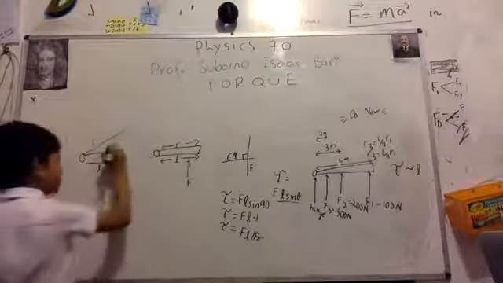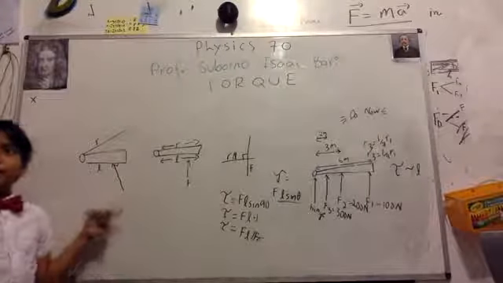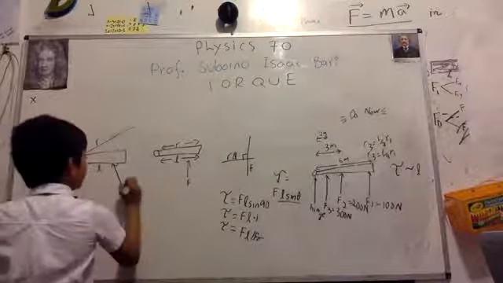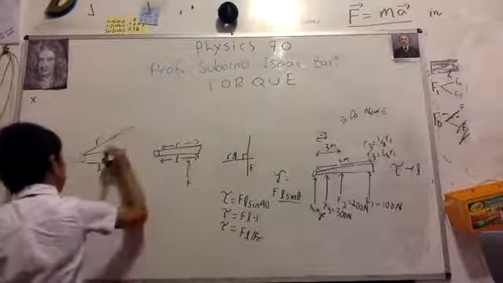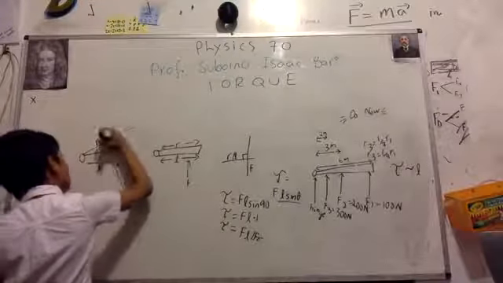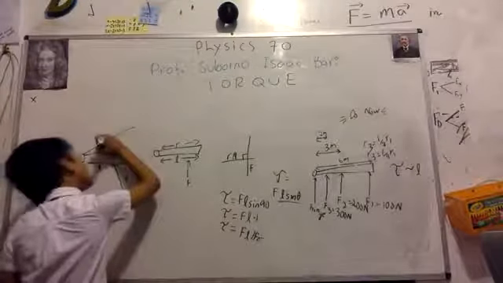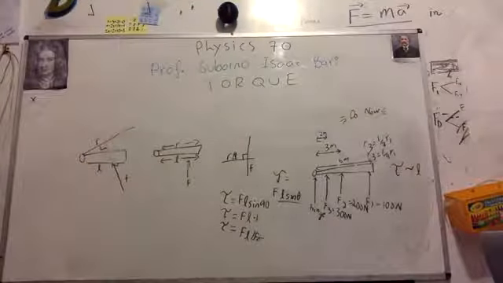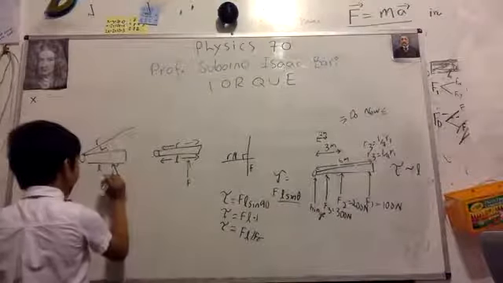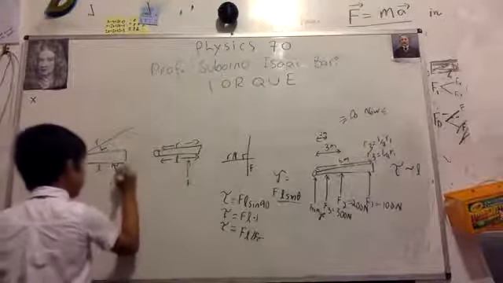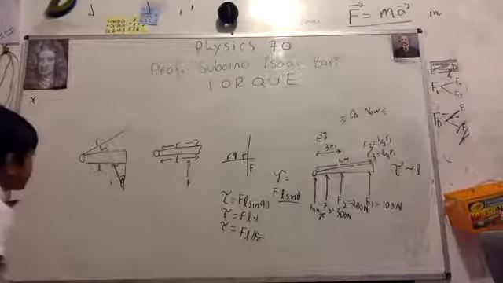Yeah, this looks good. Let's keep it simple. With this force vector extending on and on, it would be perpendicular to R. That's the information I'm giving you. And it's at an angle theta with respect to the y-axis.